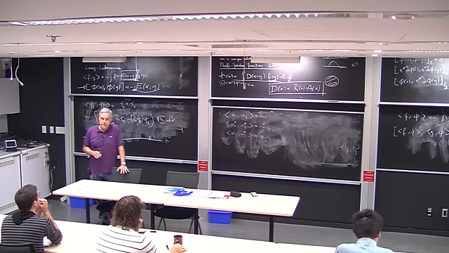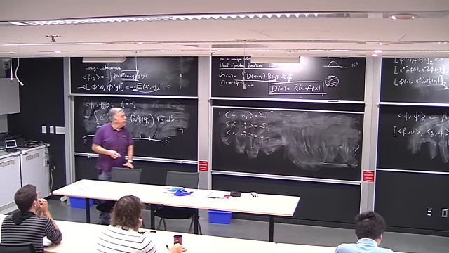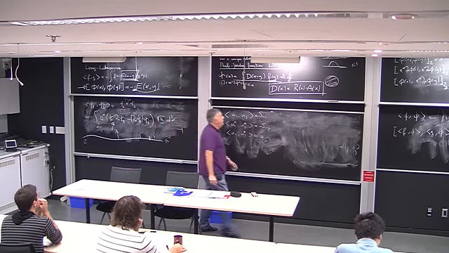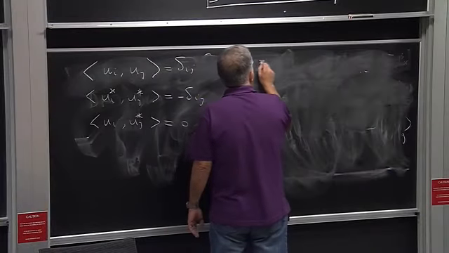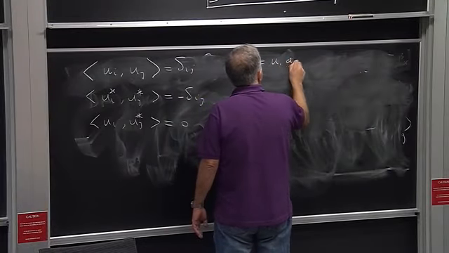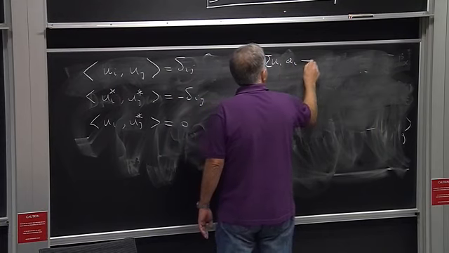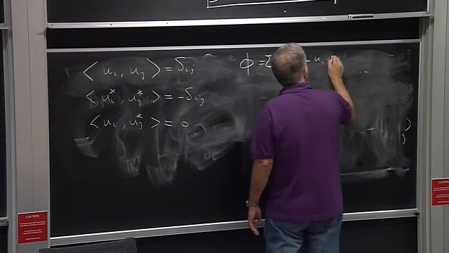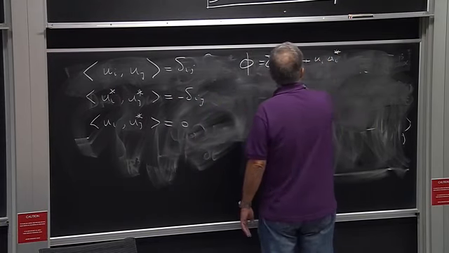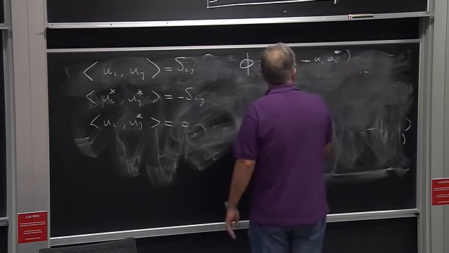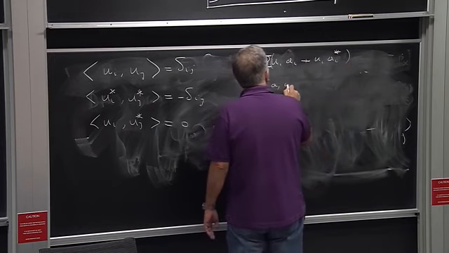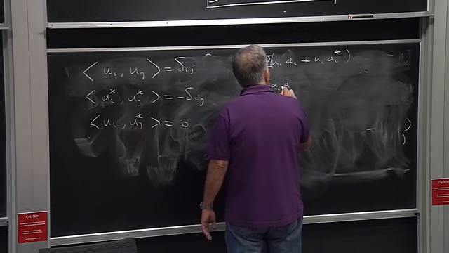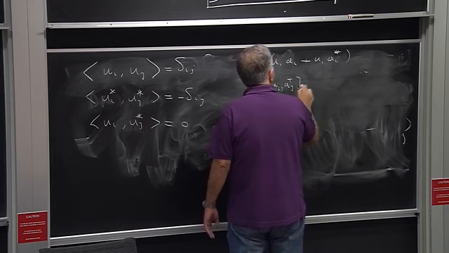Okay? You are familiar with this. And then they say, write your quantum field this way as a sum, and you assume canonical commutation relations for these operators.